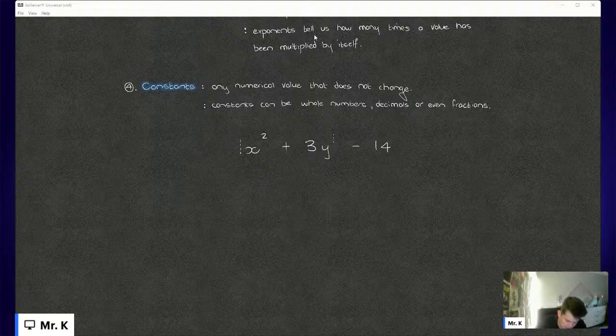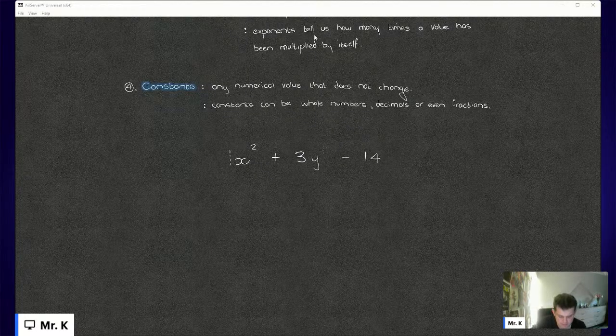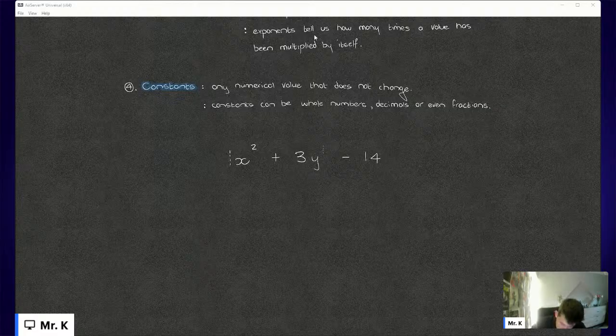So this is the math sentence that we had right above at the top of all of our notes.